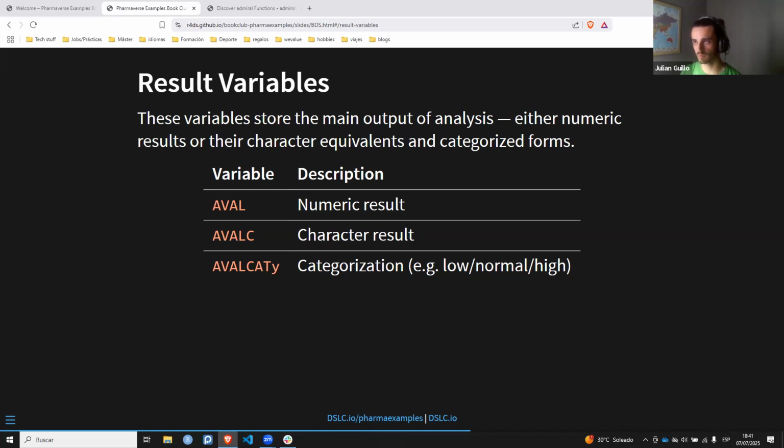As she was saying, original units could be in anything. Could be in grams, millimeters, milligrams per deciliter, depending upon all those things, right? And those character values could be negative, positive. Results could be anything.